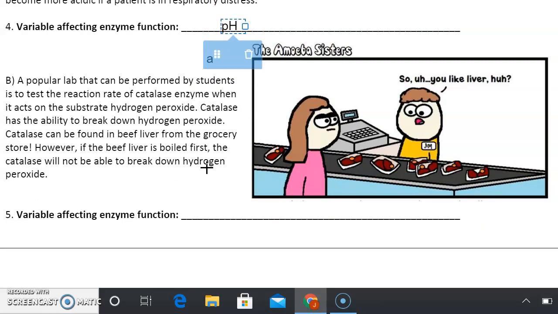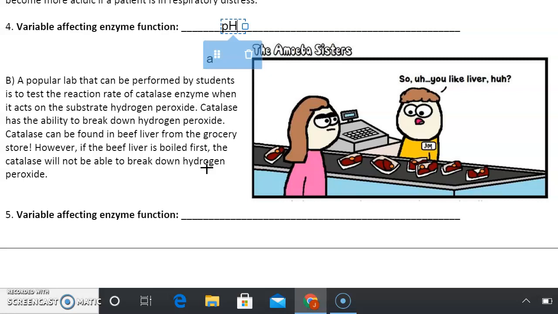B says a popular lab that can be performed by students is to test the reaction rates of catalase enzymes when it acts on the substrate hydrogen peroxide. Catalase has the ability to break down hydrogen peroxide. Catalase can be found in beef liver from the grocery store. However, if beef liver is boiled, the catalase will not be able to break down the hydrogen peroxide.